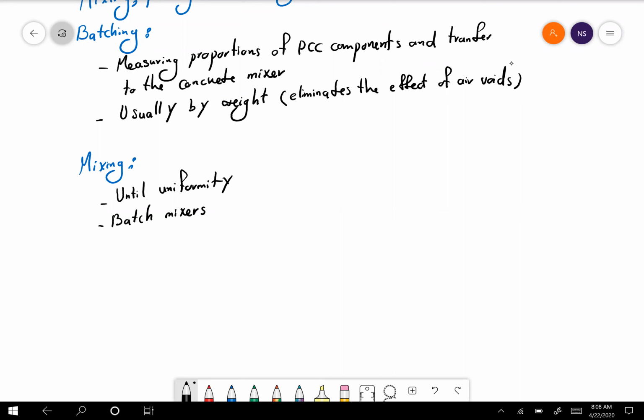What they usually do is start by adding 10% of the water in the mixer.